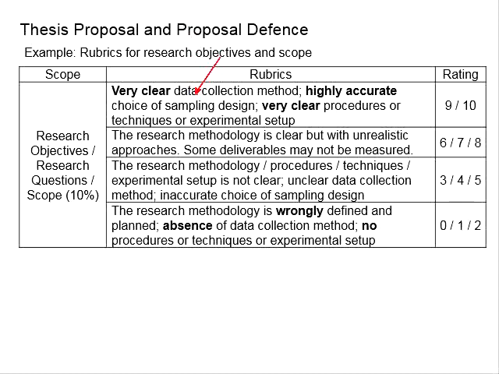Next, very clear data collection method, highly accurate choice of sampling design, and very clear procedures, techniques and experimental setup. Now you really know how you're going to conduct your research. You know how you're going to collect the data, and it is clearly presented. Your choice of sampling design is highly accurate, with no redundancy, and it really reflects the situations which you intend to study.